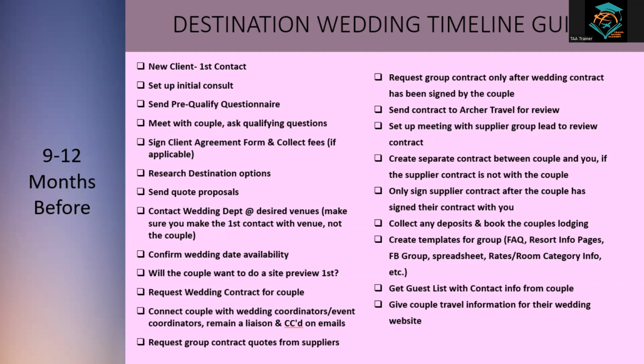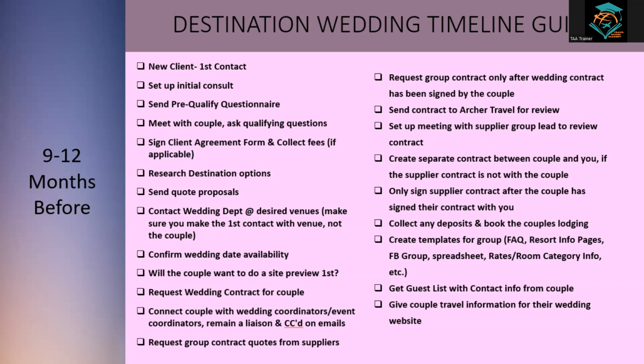Then after that, you're going to research the destination options. You're going to send a quote proposal. And during that proposal process, you're going to contact the wedding departments. You're going to make sure that you're the first point of contact with that venue, not the couple. You're going to confirm the wedding date availability.